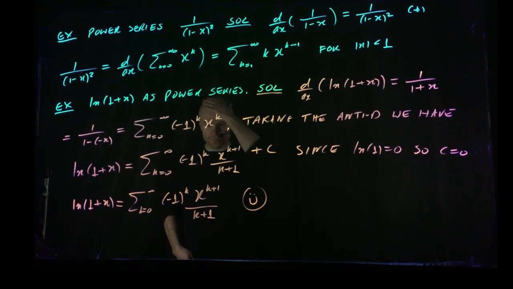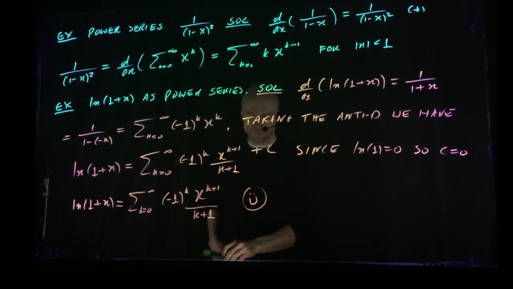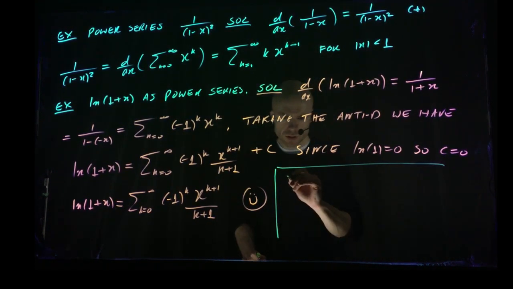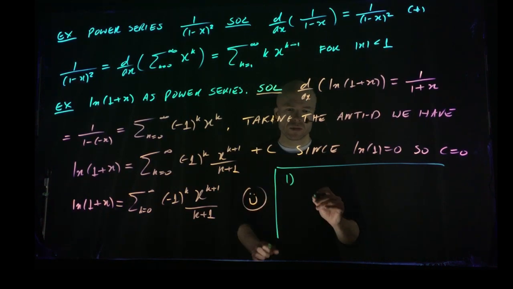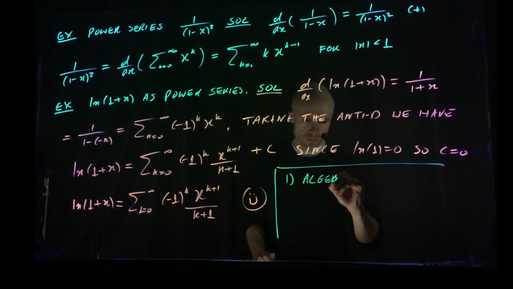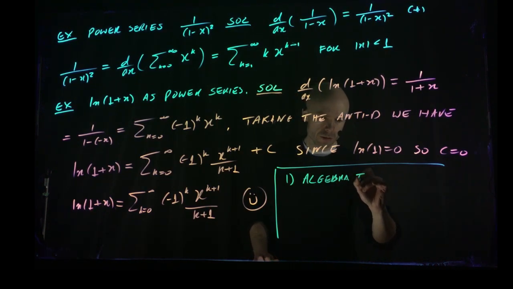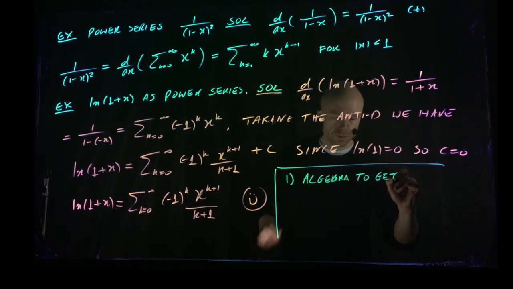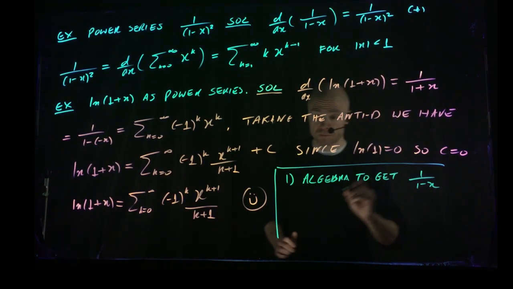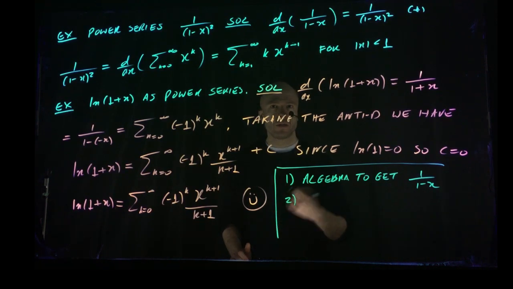So, what have we learned? So, we've learned that there can be some algebra that will turn things into the form of 1 over 1 minus x, so 1, algebra. Failing that, differentiate your function.